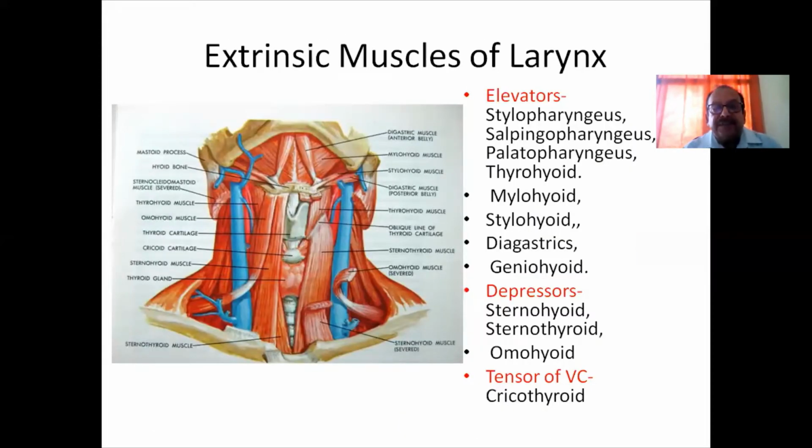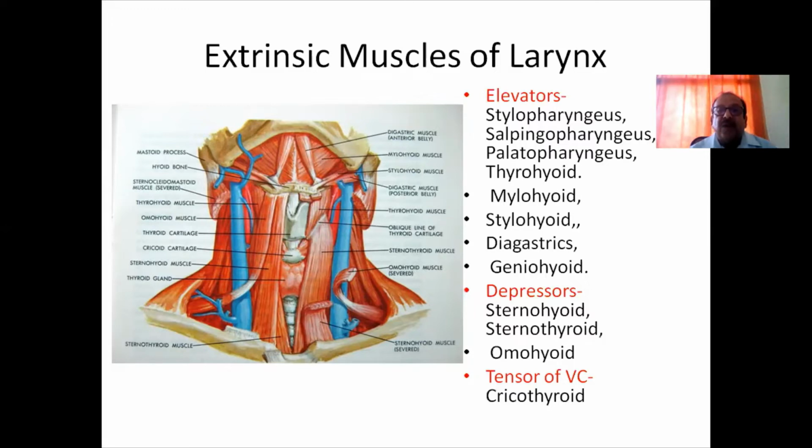There are various extrinsic muscles of larynx which can be studied under the head of elevators of larynx, depressors of larynx, and tensors of vocal cord. Now, the elevators of larynx are stylopharyngeus, salpingopharyngeus, palatopharyngeus, thyrohyoid, mylohyoid, stylohyoid, digastric, and geniohyoid.